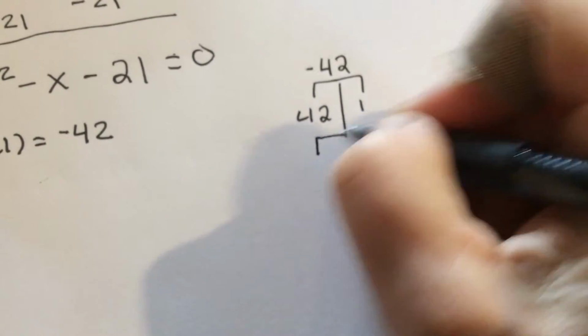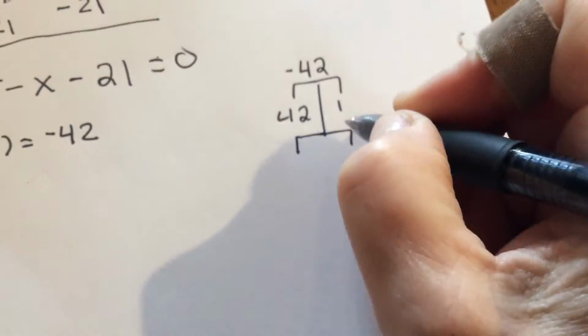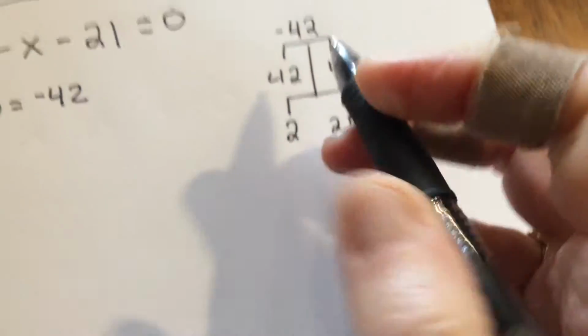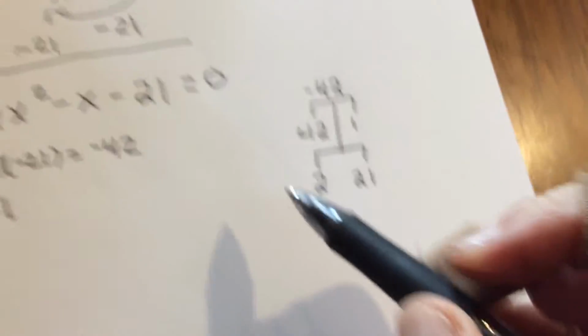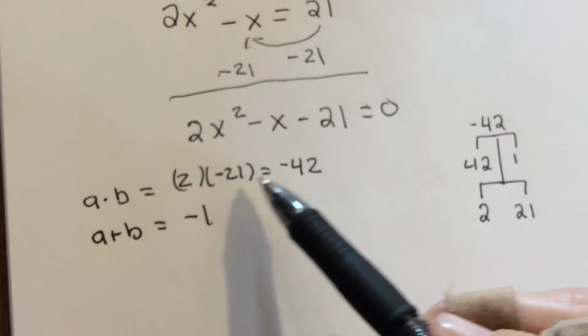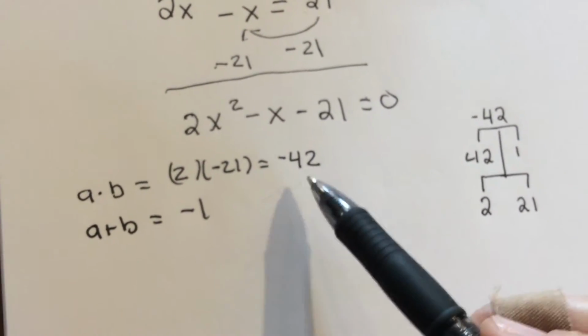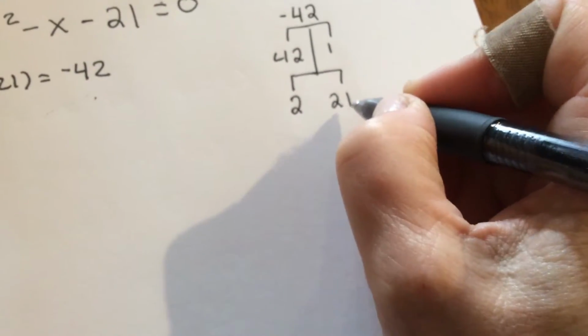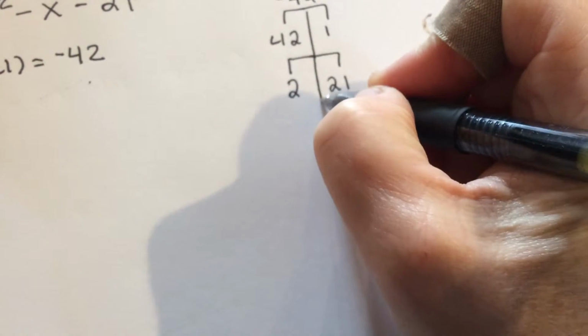Let's look at another factor. It's even, so it's divisible by 2, so it's 2 and 21. Well, 2 and negative 21 certainly multiply out to a product of negative 42, but there's no way I can manipulate 2 and 21 to give me a negative 1. Not going to work.